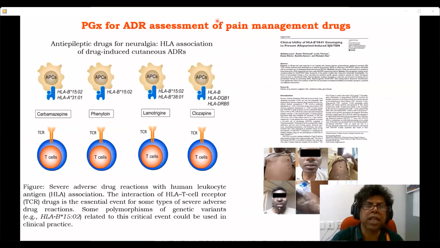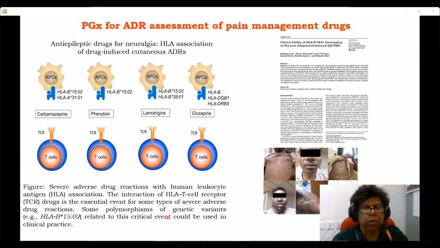Now, pharmacogenomics studies might help to reduce this. For example, anti-epileptic drugs for neuralgia like carbamazepine, phenytoin, lamotrigine, and clozapine all induce cutaneous adverse drug reactions such as SJS or TEN syndrome. This is basically due to mutation in the human leukocyte antigen A or B. So when there is a mutation, the antigen presenting cells would not bind to the T cell appropriately, and thereby adverse reactions are very common.